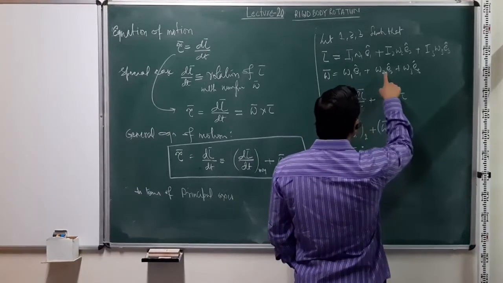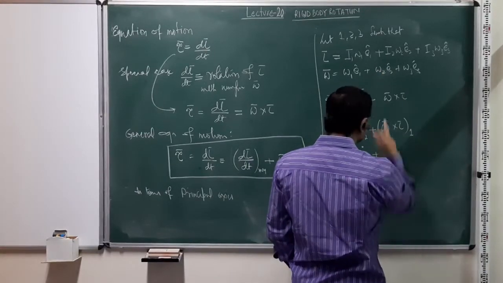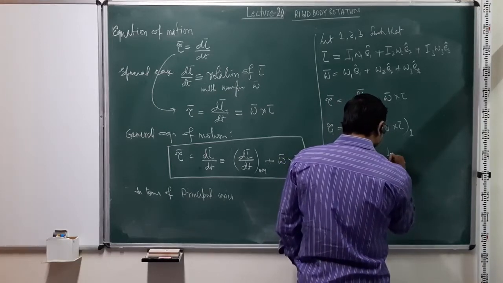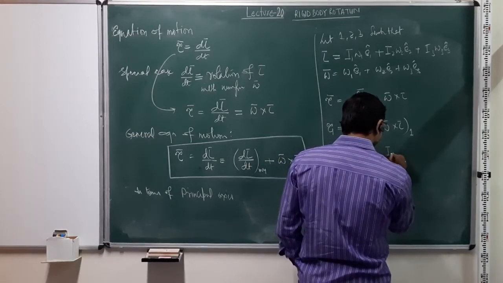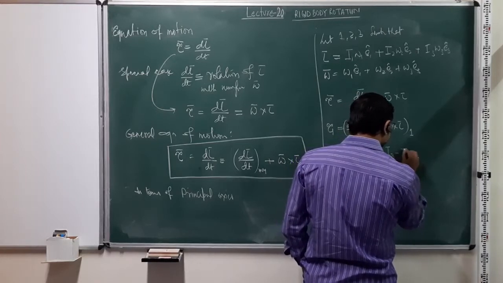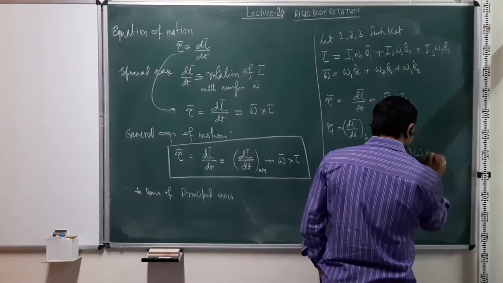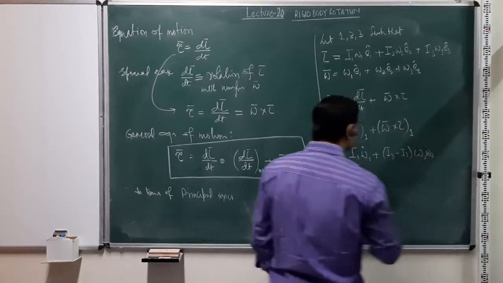So you can do this cross product using these decompositions, and what we'll get is I3 minus I2 omega 2 omega 3, right?